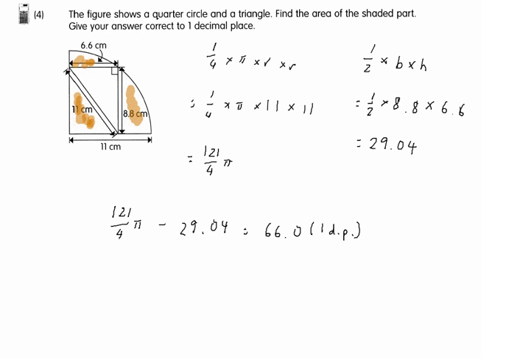Why I need to write the bracket is because I now don't use the wavy approximate sign. I just write equal. So remember, ANS 66.0. What's the units? cm square. And remember, 1 dp. Anyone has any problems so far? Okay. Next question.